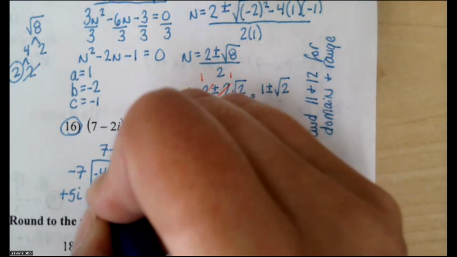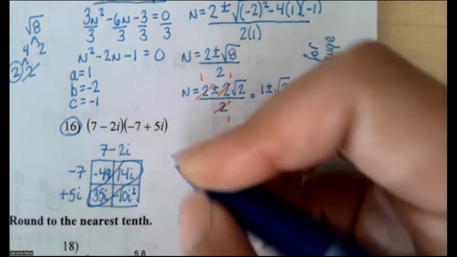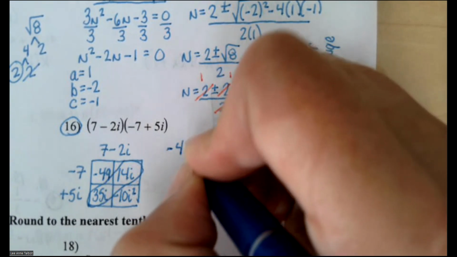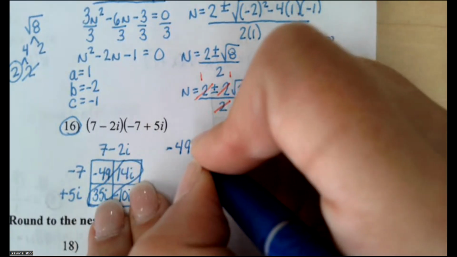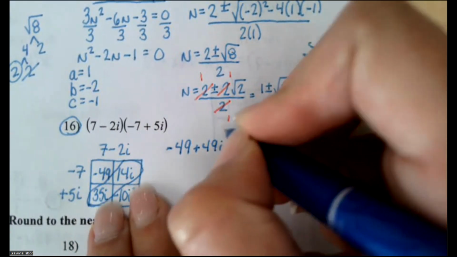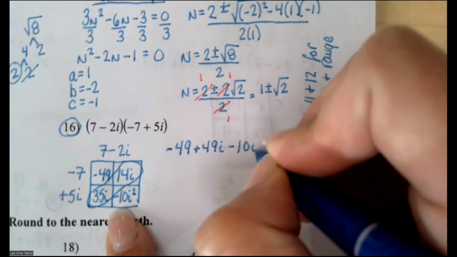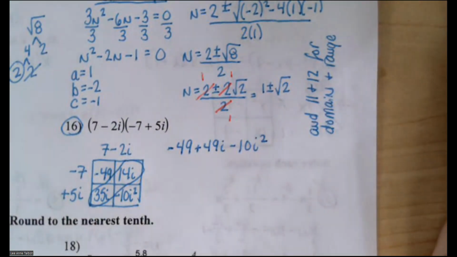Okay, these are like terms. So I have -49, add those two, plus 49i minus 10i squared. However, am I done? No, because this is an i problem.